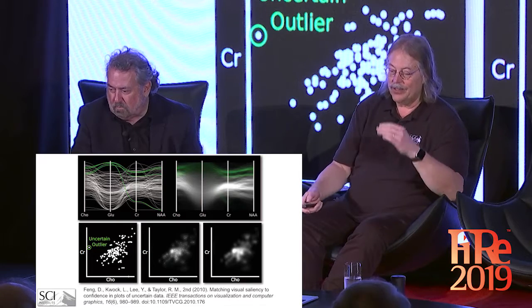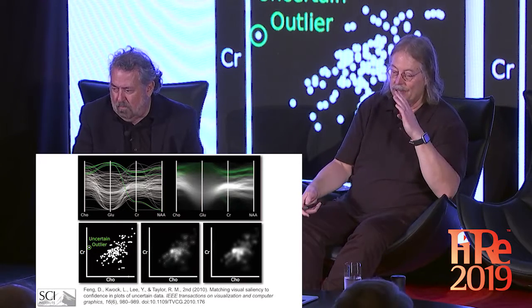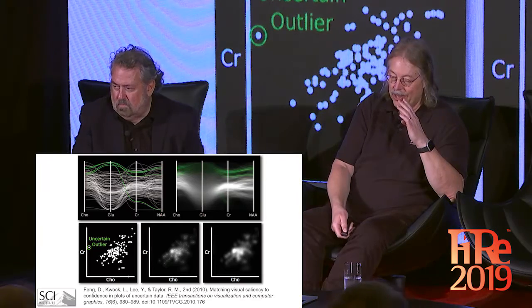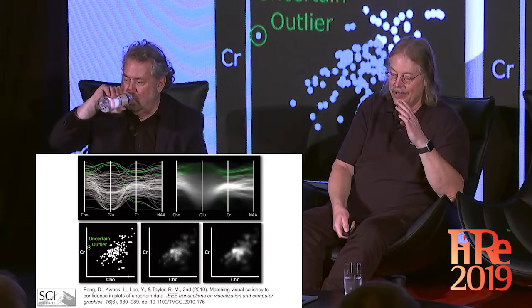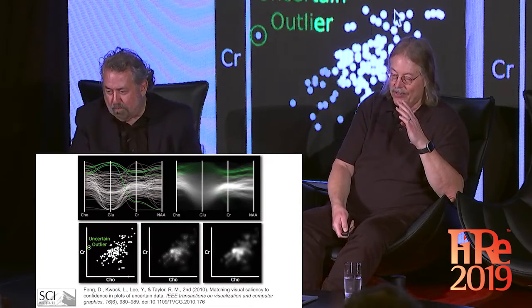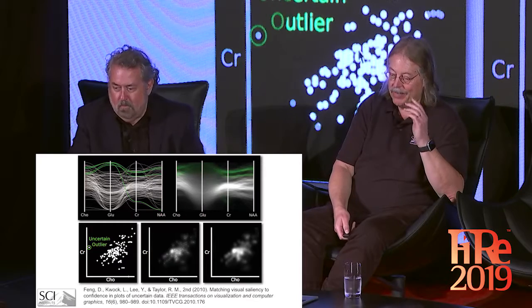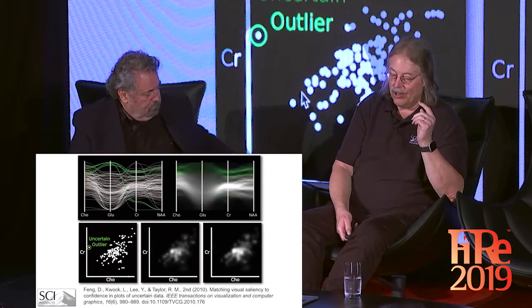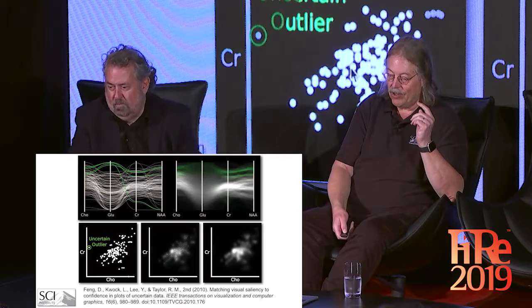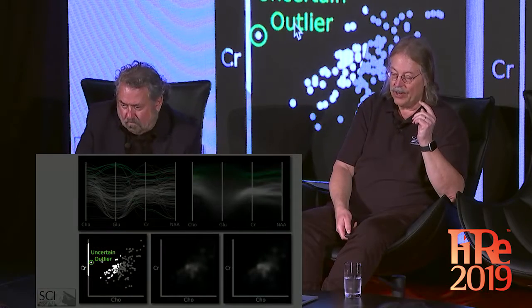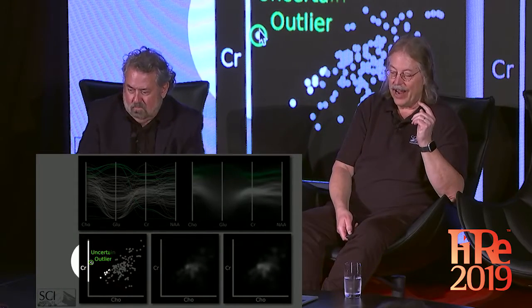People look at these scatter plots, in the bottom left here, looking for trends. You might say, oh, this data is correlated, there might be a slope along this axis. And then they also look for outliers. Well, that's obviously an outlier here.